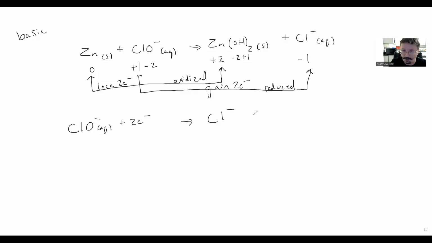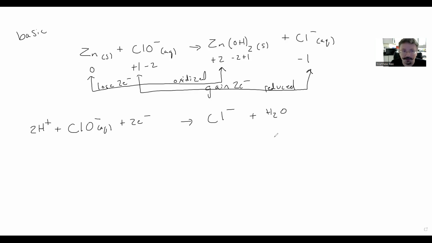So we're going to go through the same steps. We're going to start by adding that many waters. In this case, that's a single water. I need 1 oxygen, so I only need 1 water to get that. Now, if it were acidic solution, we'd account for our 2 hydrogens. I'd add those right here, and everything would be balanced and we'd be done in an acidic solution.